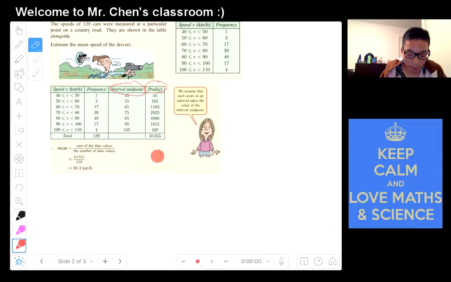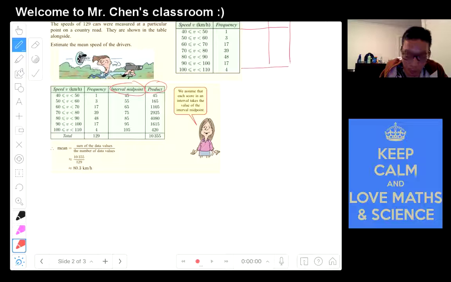So what that means is, I'm going to have to extend this out. Most of the time you just extend the table like this. You need to find the interval midpoint, which is, what's the midpoint between 40 and 50? Between 40 and 50, the middle is 45, which is here.